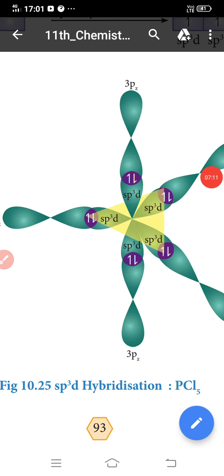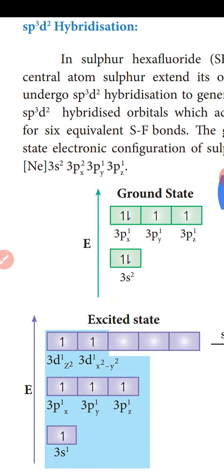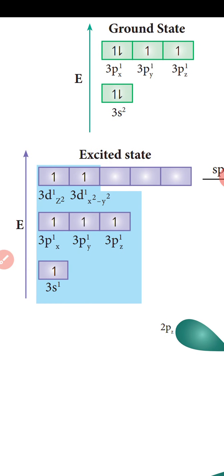The same process applies to sp3d2 hybridization, with a different example: sulfur hexafluoride. The central atom sulfur expands its octet to undergo sp3d2 hybridization to generate 6 sp3d2 hybridized orbitals, which account for 6 equivalent S-F bonds. The ground state electronic configuration of sulfur is neon 3s2 3px1 3py1 3pz1.